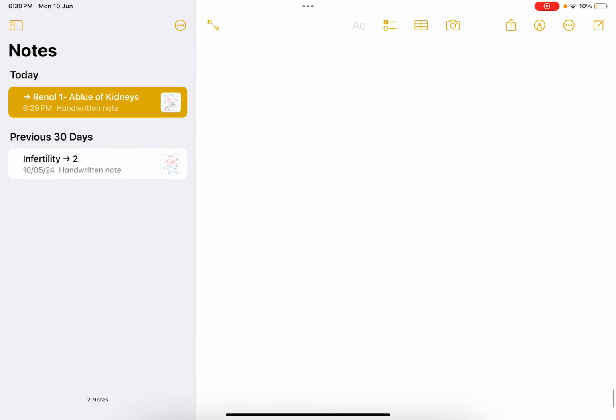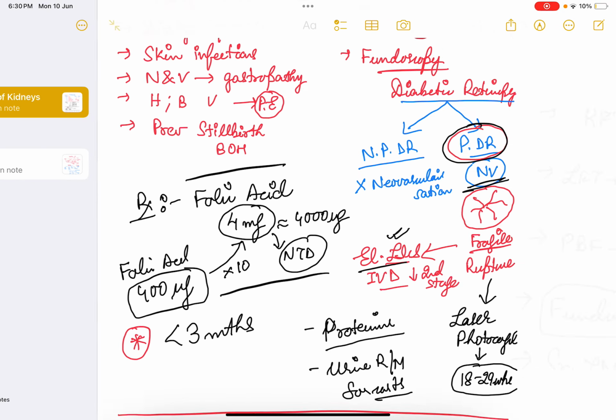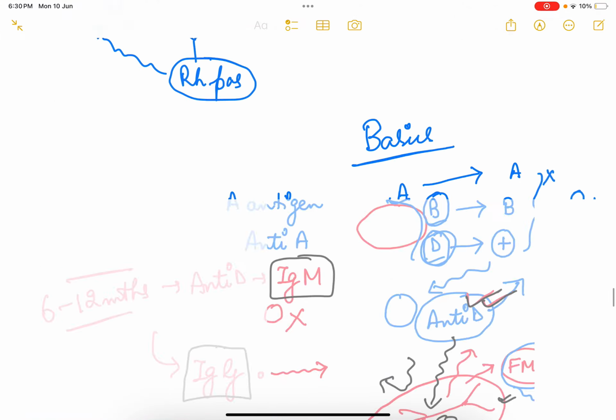So when the plate is divided into saffron, white and green, half of the plate should consist of green food, the rest of it will consist of saffron and white.